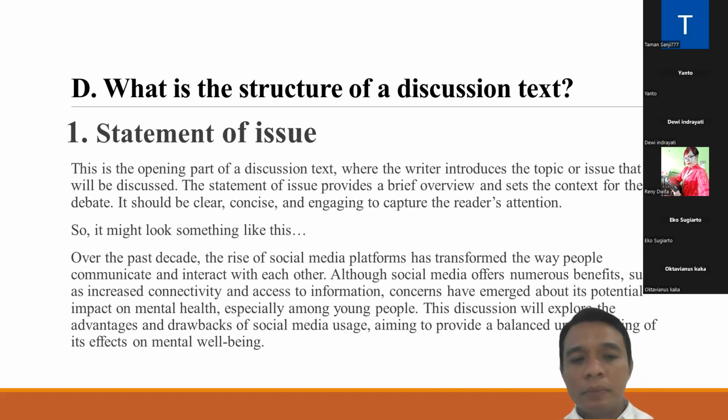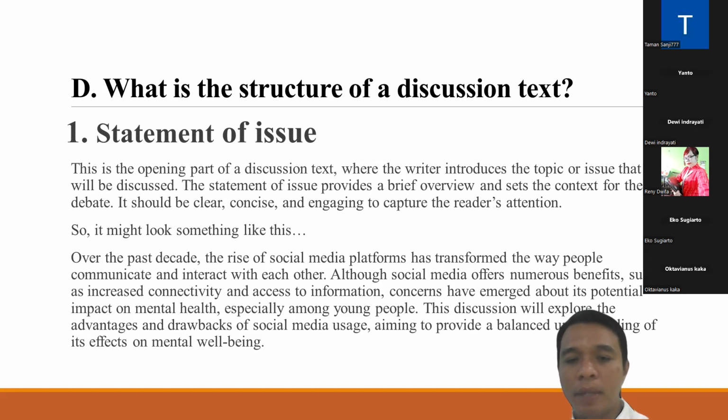For example, it might look something like this. Over the past decade, the rise of social media platforms has transformed the way people communicate and interact with each other.